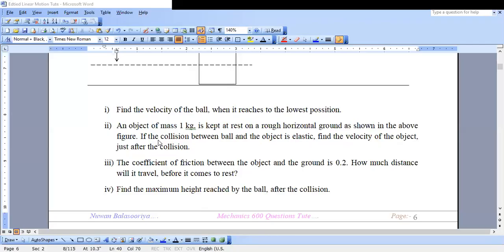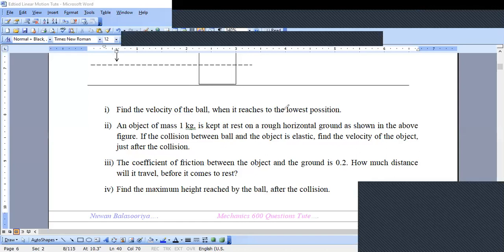Roman number 2 says, another object of mass 1 kilogram is kept at rest on a rough horizontal ground as shown in the above figure. If the collision between the ball and the object is elastic, what is the meaning of the word elastic there?